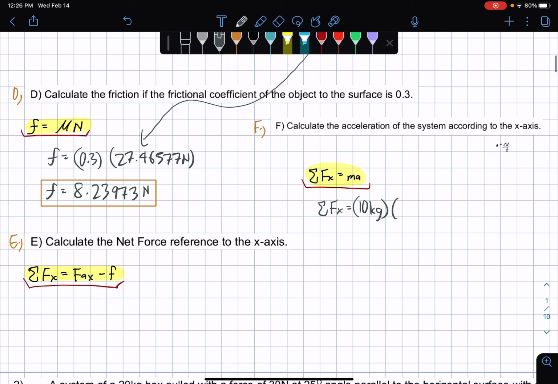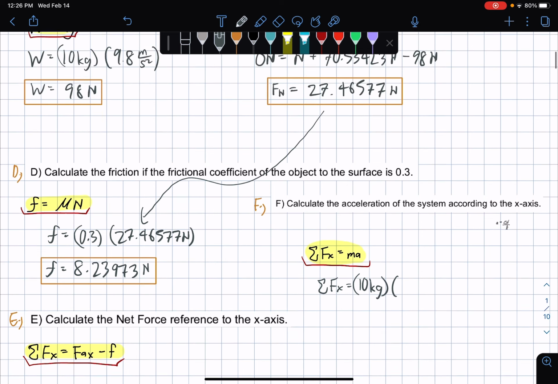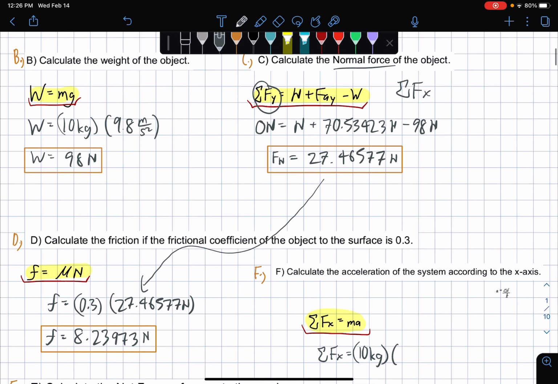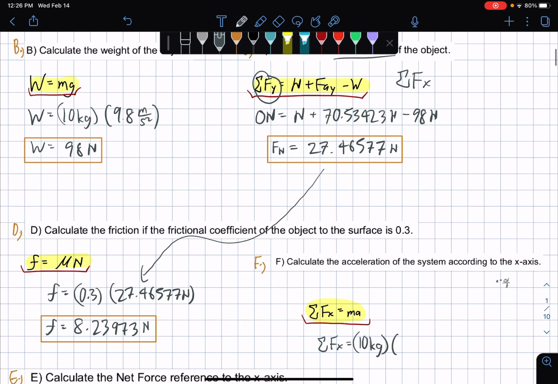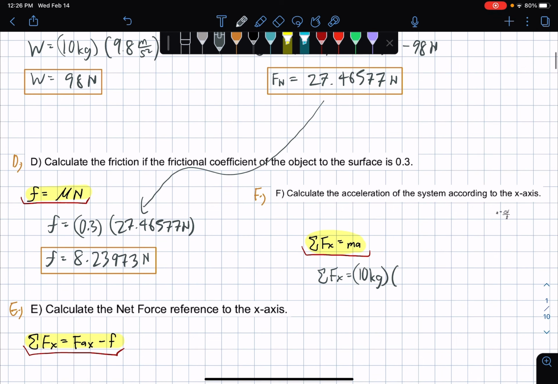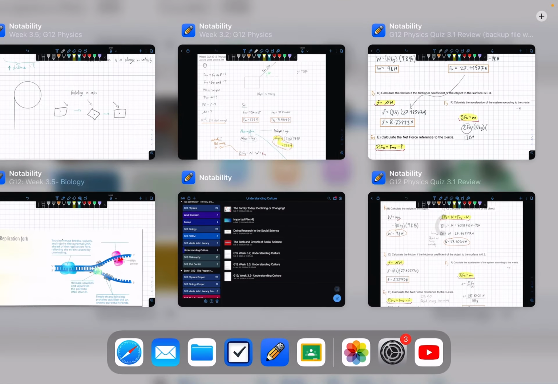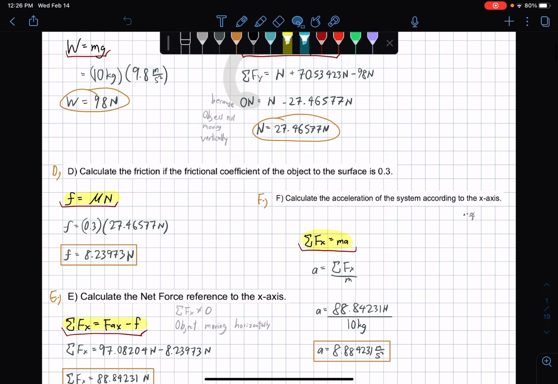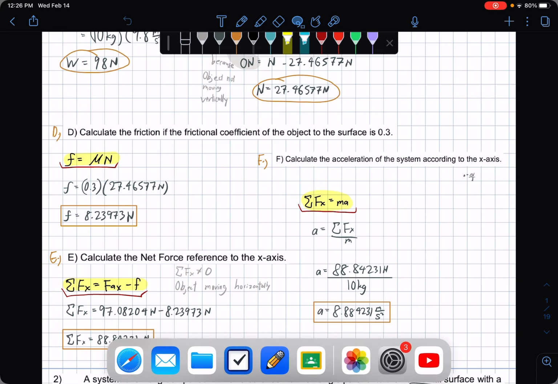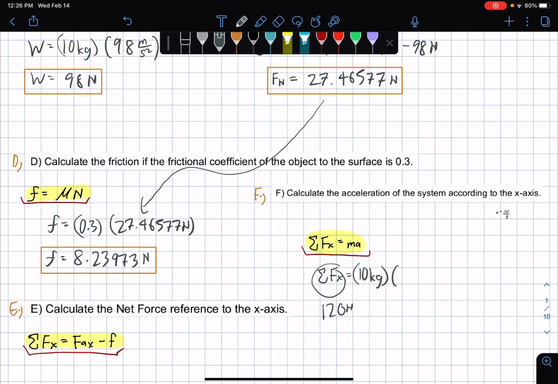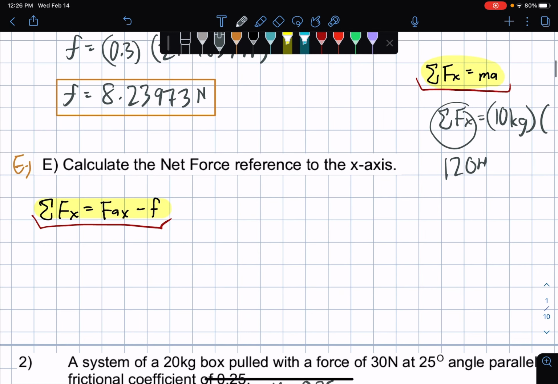F is equal to ma. I believe this is 120 newtons. Am I right? Nope, I am not right. Wait. We're supposed to solve for letter E first before F.